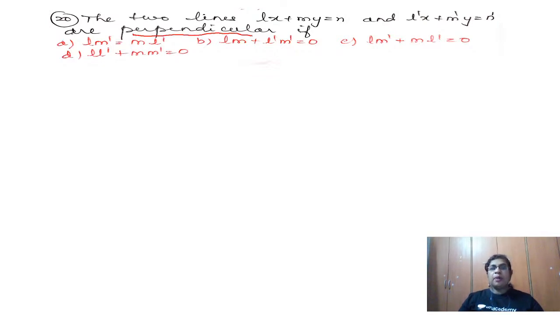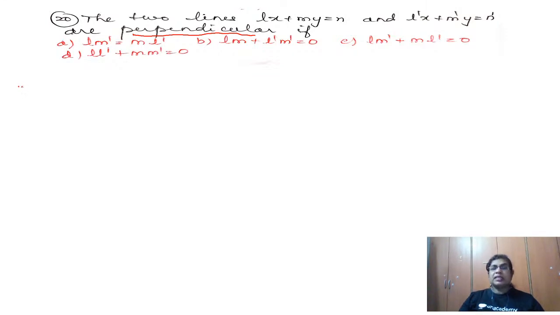So if they are perpendicular, what is the condition? Is it L m dash is equal to ml dash, or L m plus L dash m dash equal to 0, or L m dash plus ml dash equal to 0, or L dash plus mm dash equal to 0? Now this question is from the chapter 3-dimensional geometry.